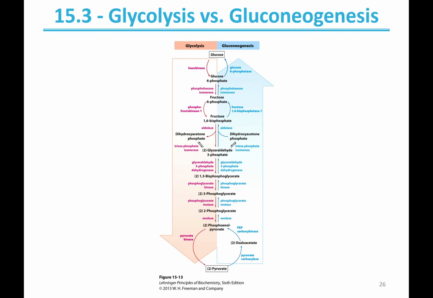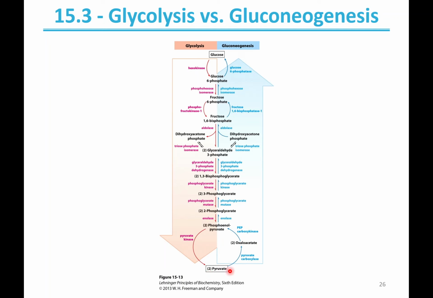All right. So that's the basics of metabolic regulation. Now we can focus on some specific ways that glycolysis and gluconeogenesis are regulated. Just to remind ourselves, in glycolysis the important regulated steps are step 1, hexokinase, step 3, phosphofructokinase, and step 10, pyruvate kinase.